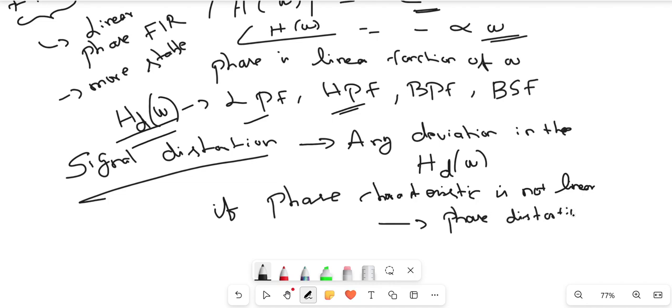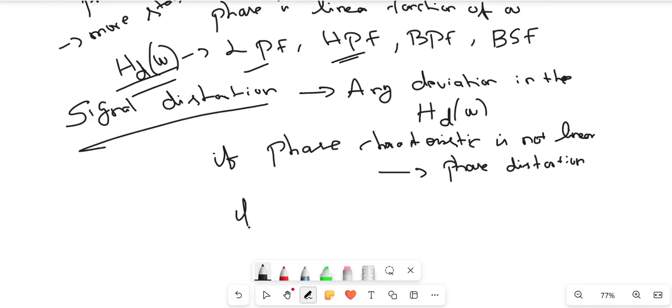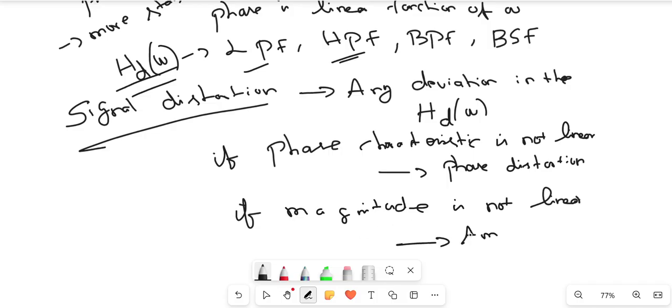If the magnitude is not linear, then it is called amplitude distortion.